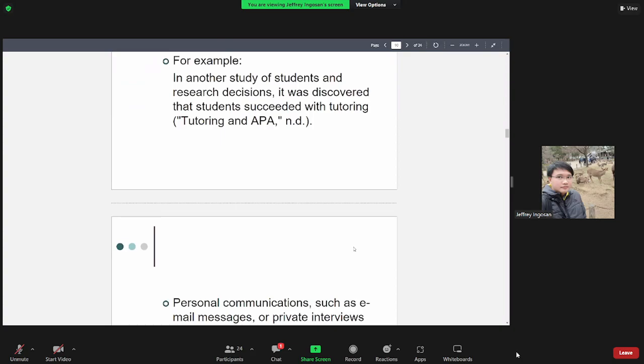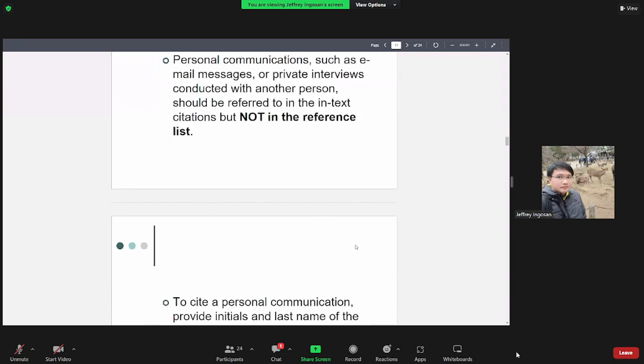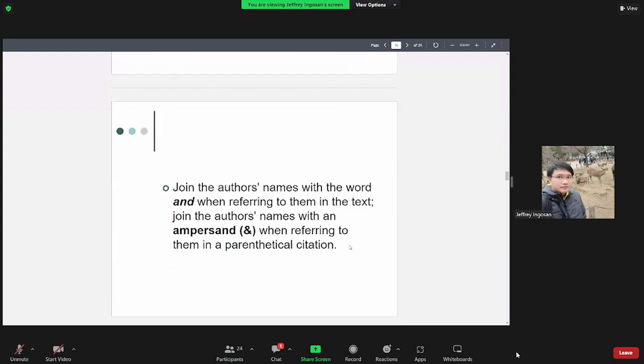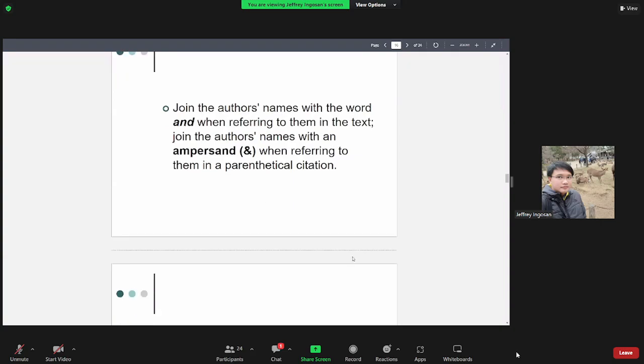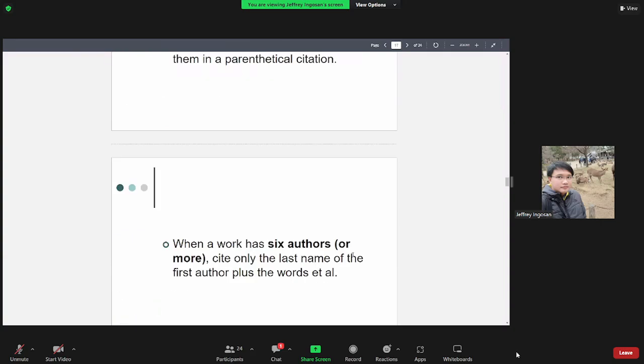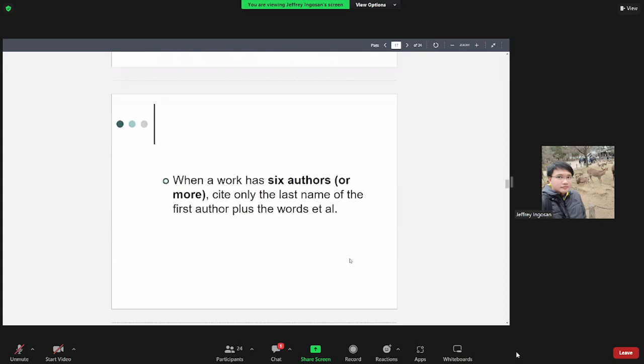How about if there are two or more authors? What if the idea that you are using is also something that was cited by another author? So meaning the paper that you're citing is not the original source of that idea. So how are you gonna do that? And so on.